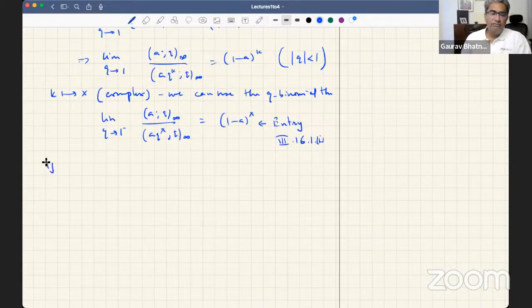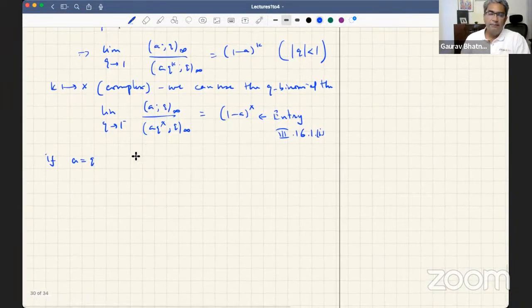So if A is equal to Q, there is a problem in taking this limit. When A is equal to Q, you can't take this limit, because as Q goes to 1, this becomes 0 raised to a power. So this doesn't work. When A is equal to Q, we formally divide.